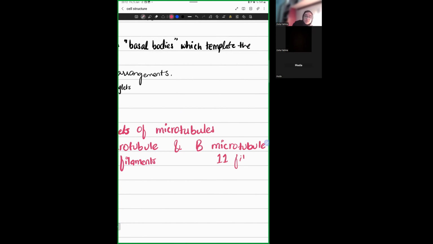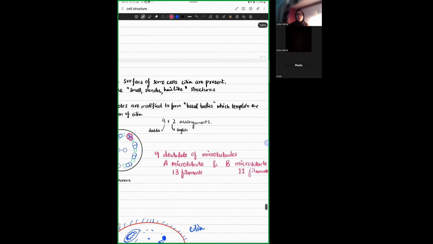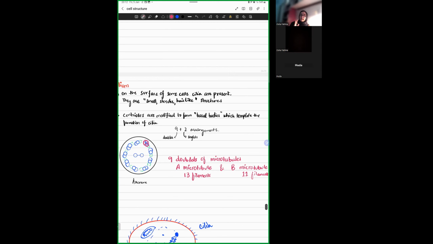So they're made up of the same thing. They do not have something different. It's just that one is made up of 13 filaments and the other is made up of 11 filaments. Okay? So this is a complete microtubule and this is a semi-complete microtubule. Okay?